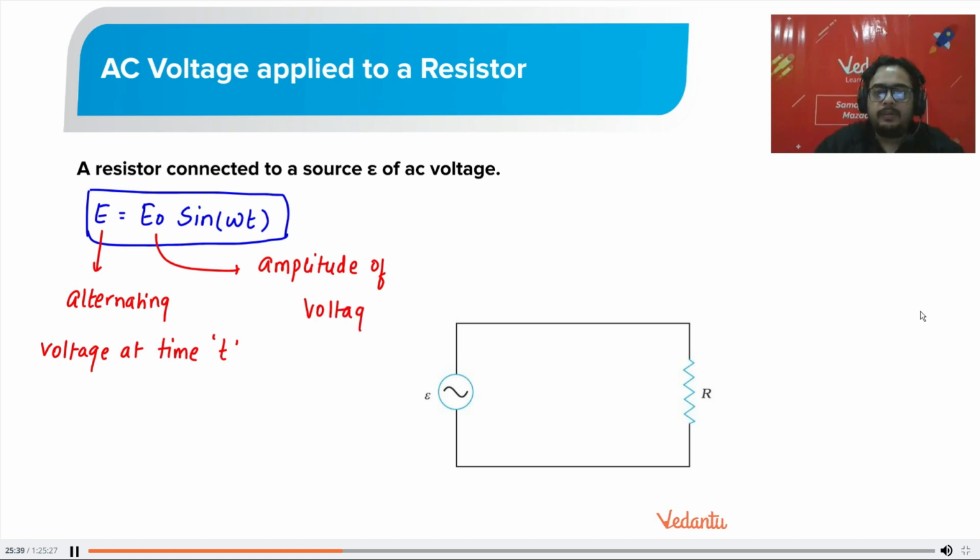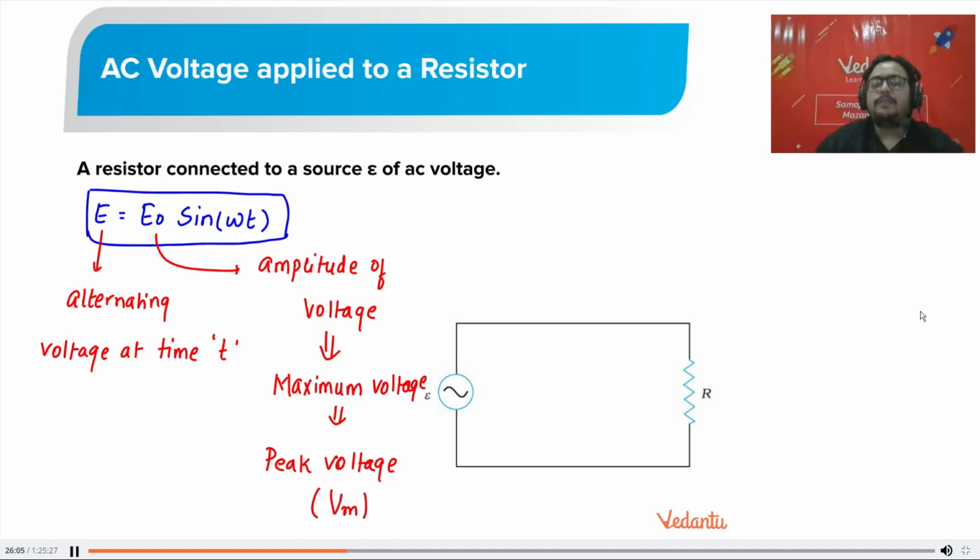Amplitude of voltage, which is also called maximum voltage, which is also called peak voltage, and the symbol we use for it is Vm, M for maximum.